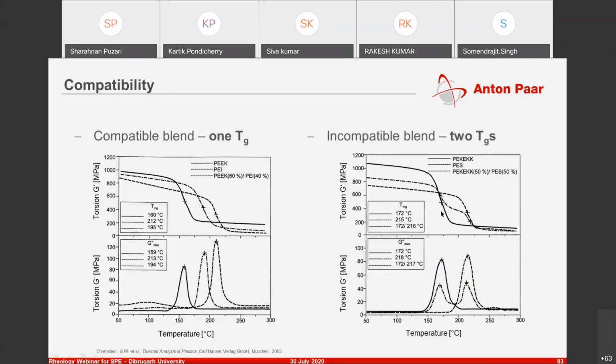But if you have an incompatible blend like PEEK and PES, then you have a double peak, which indicates that these blends are not compatible with each other. So again, this is just one example, but there are numerous other examples where DMA can be useful.